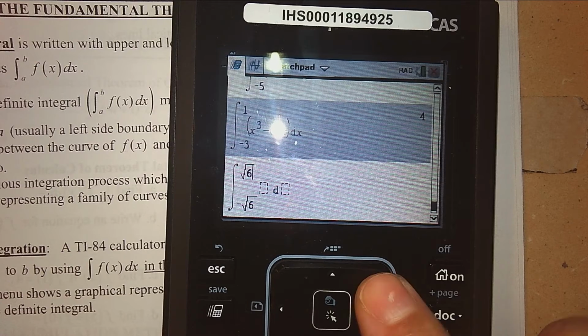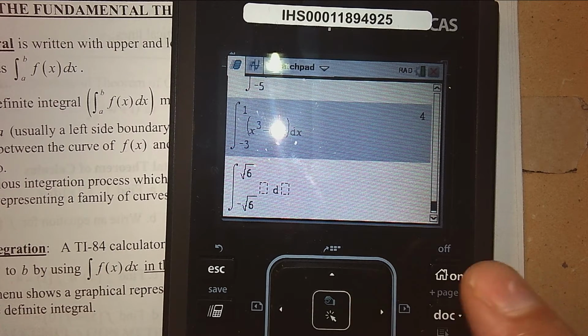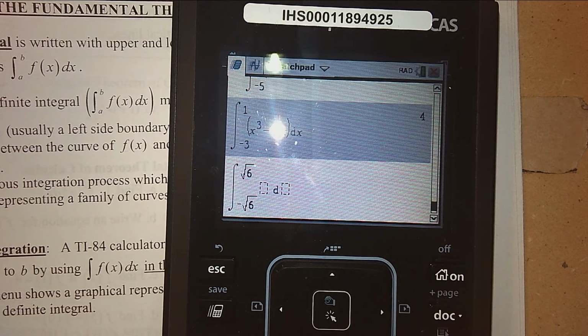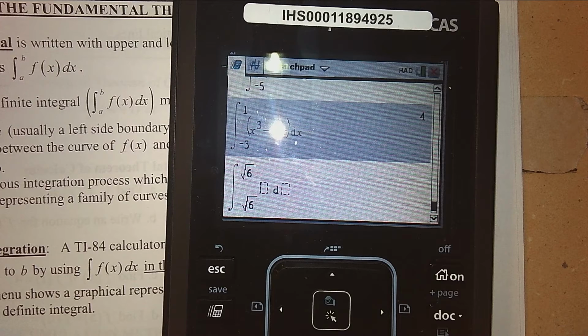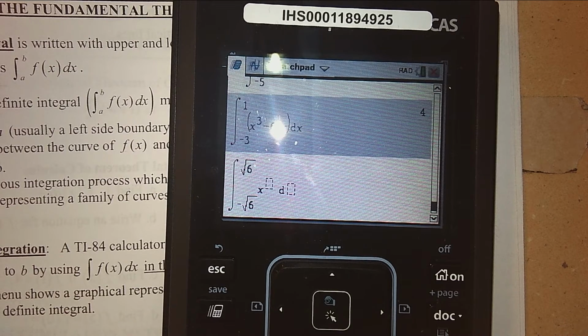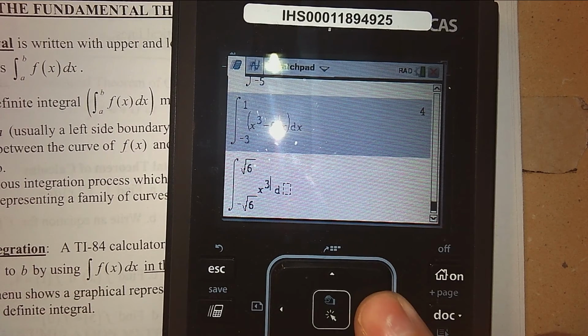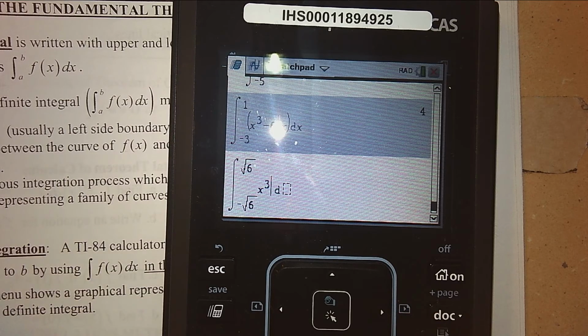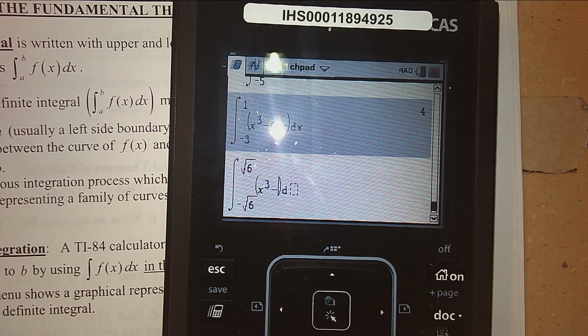Move the cursor. Inside is going to be, again, x cubed. Subtract 6x. And then we're integrating with respect to x.